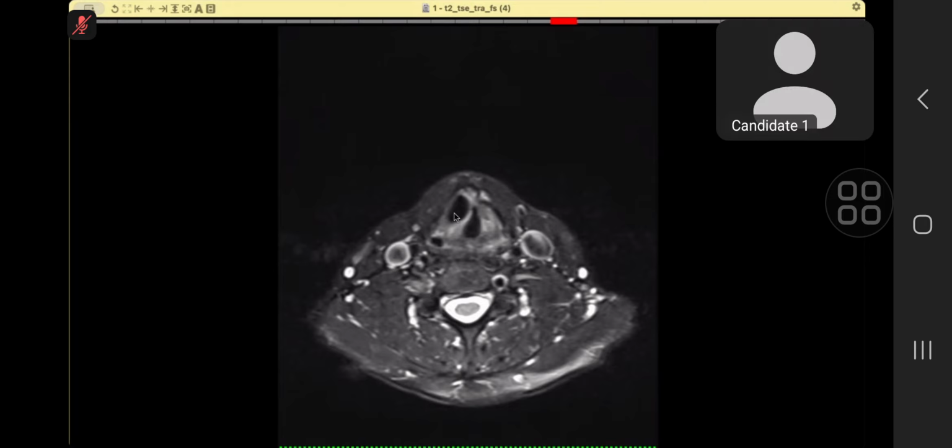Hello. So what is your conclusion? In summary, in this patient having swelling along the anterior aspect of the neck, I can appreciate a hypointense oval-shaped structure. Likely it is containing air along the right paralaryngeal space, causing indentation of the laryngeal air passage and a slight displacement of the right vocal cord.